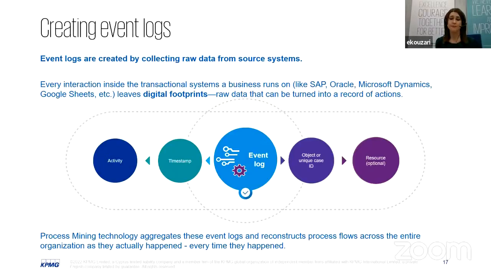Now, depending on the process mining tool that we are using, we can perform the data cleansing inside the tool. In case we are using a simpler tool, we will have to do this manually, and of course data engineers will be required so as to merge the event logs exported from various systems in order to form one combined event log.